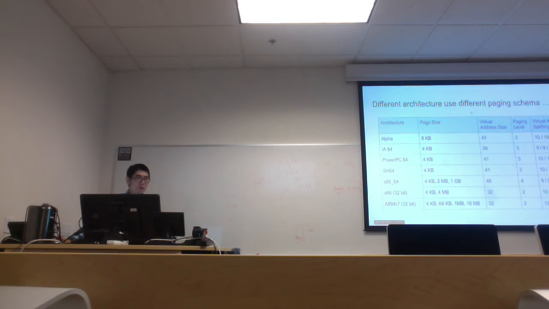And nowadays, there are a ton of different architectures. They have different address splitting schemes and different levels of paging. Note that these are all defined by the hardware. The software, the Linux kernel, must find a way to cope with different kinds of page table translation schemes.